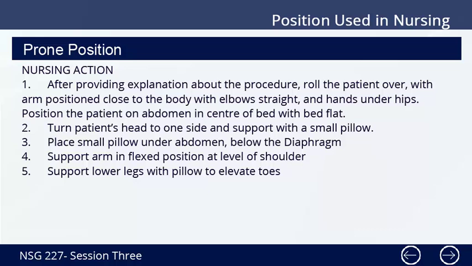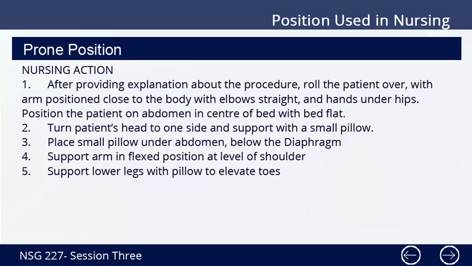2. Turn patient's head to one side and support with a small pillow. It reduces hyperextension of lumbar vertebrae and strain on lower back. 3. Place small pillow under abdomen below the diaphragm. It reduces pressure on breast for women and on genitals for men. 4.